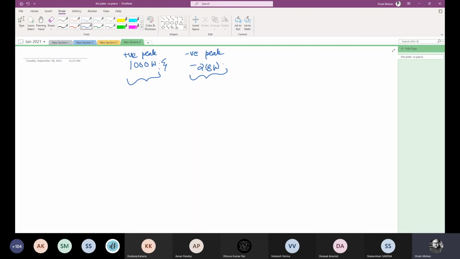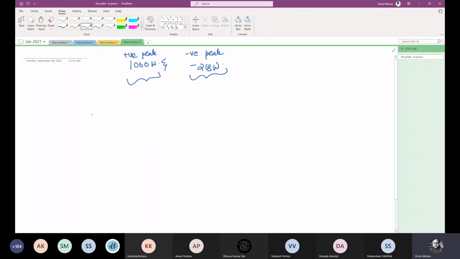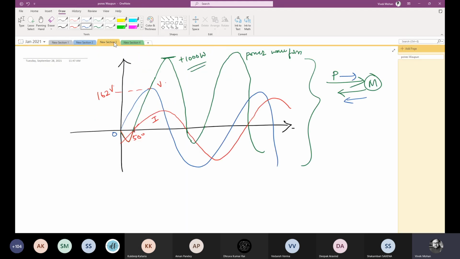So this occurs during at what interval? Here you can see 0 to 50 degree is the angle at which the power is flowing from the motor to the source, right? So from 0 to 50 degree, I have negative power. Now from 50 degree to which point?